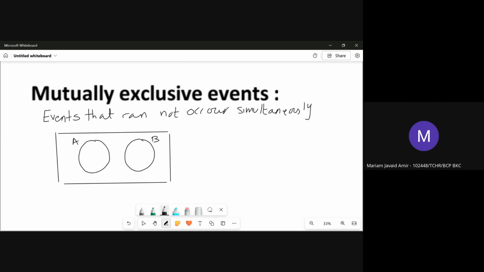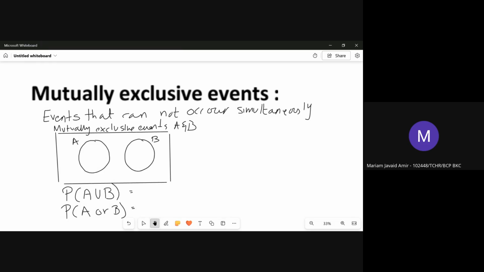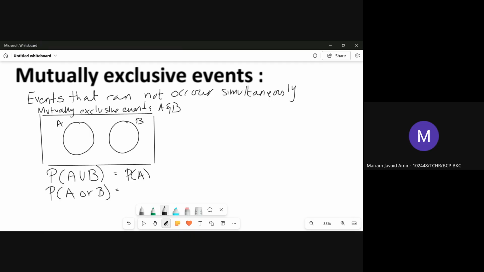These are called mutually exclusive events A and B. This represents that if you have to find probability of A union B, this is also read as probability A or B, then that is equal to probability of A plus probability of B. So if two events are mutually exclusive, then probability of A union B is equal to probability of A plus probability of B.